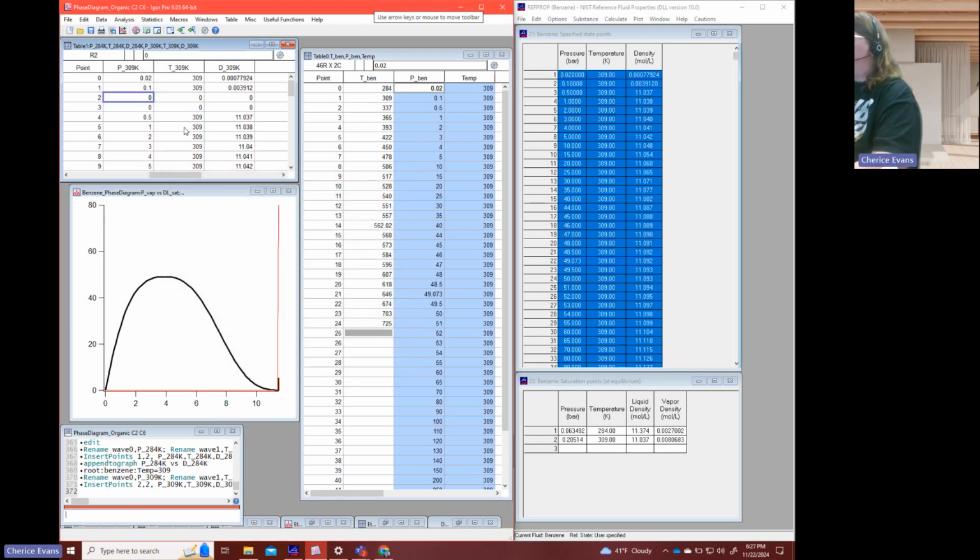I will look at my saturation table in NIST and type the vapor pressure. And then the density of the vapor and the density of the liquid.